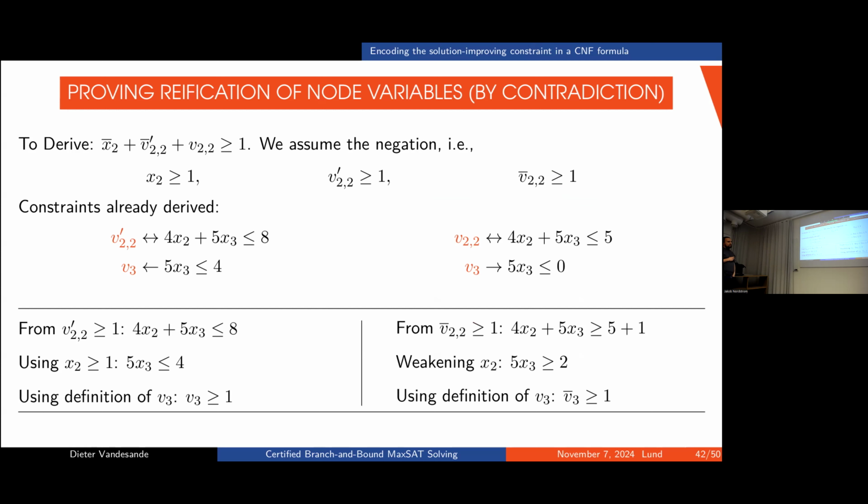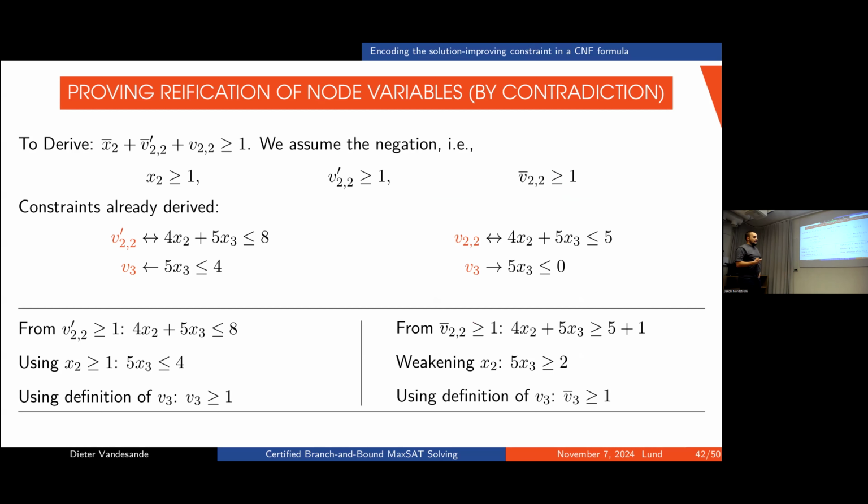On the other hand, from the fact that V is assumed to be false, I can use the definition here to also know that this is false. Hence, 4x2 plus 5x3 is greater than or equal to 5 plus 1.